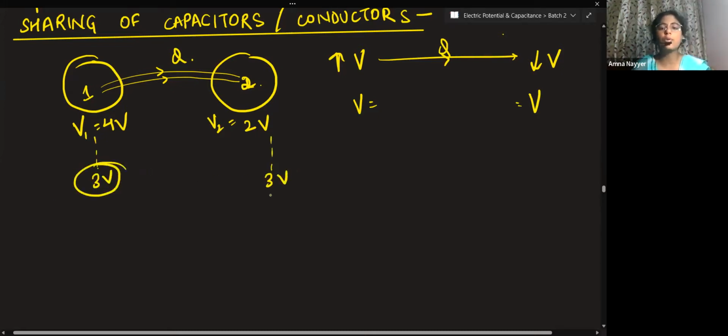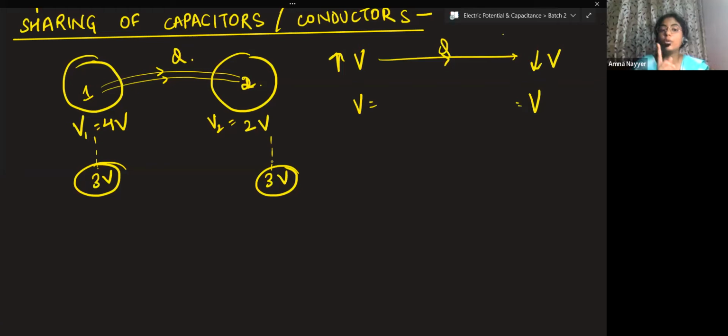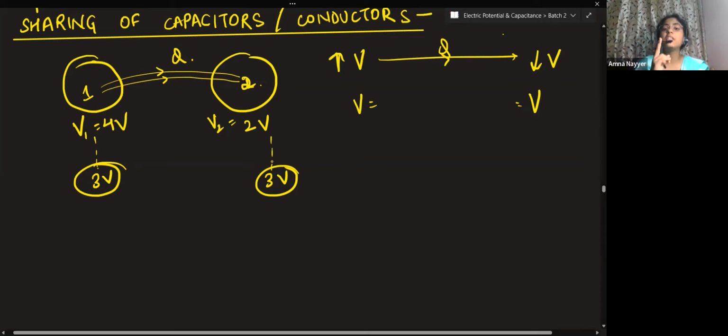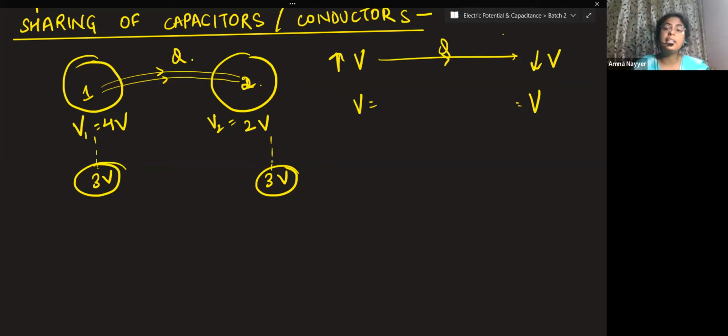Both have achieved the same voltage, and now no charge flows. So charge flows as soon as you connect the capacitors or conductors, from the one having higher potential to the one having lower potential, until both of them achieve the same potential. This is valid for capacitors, and this is valid for conductors.